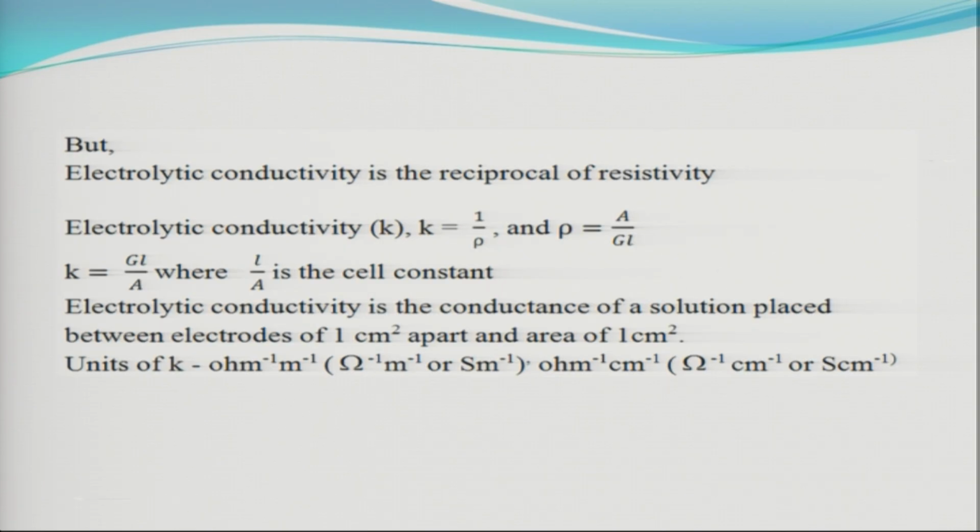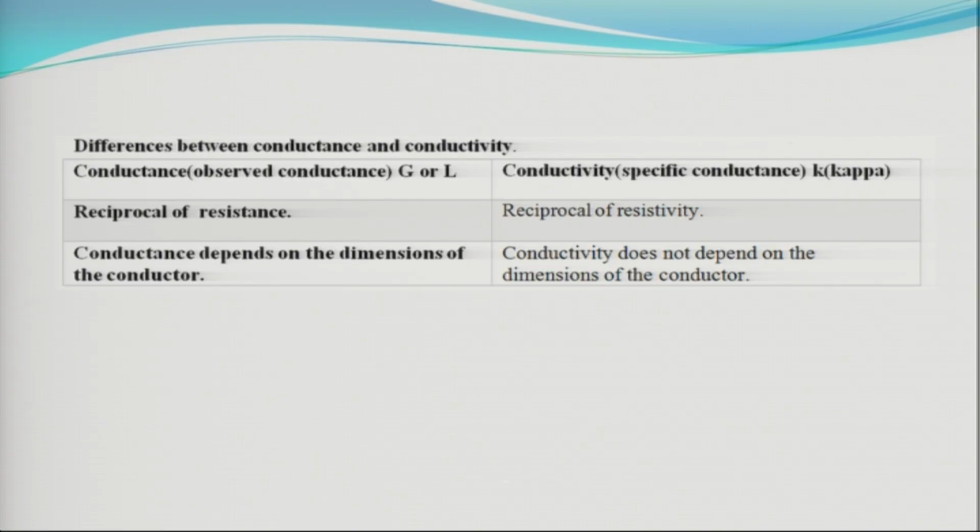In meters. So here, we are going to talk about the differences between conductance and conductivity. Conductance, we can also call the observed conductance, and conductivity, we can call the specific conductance.